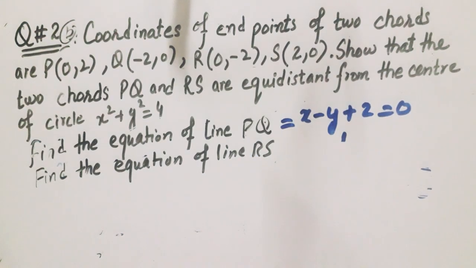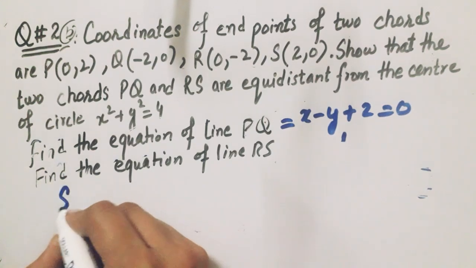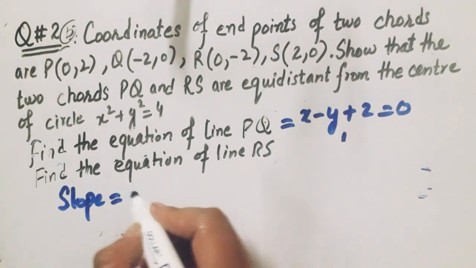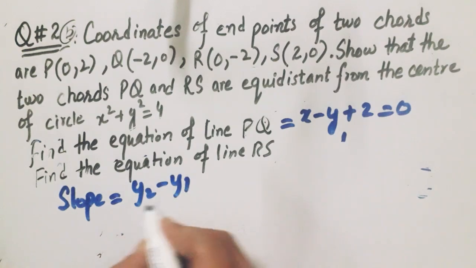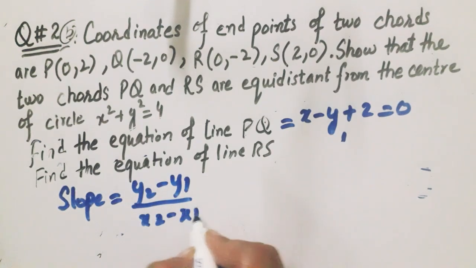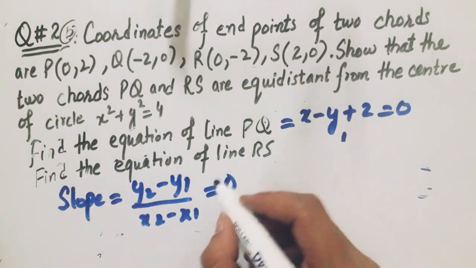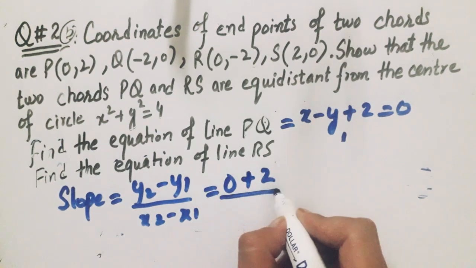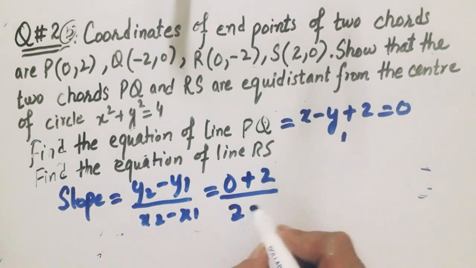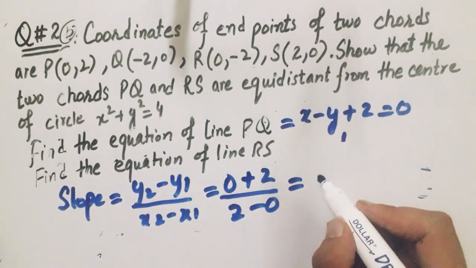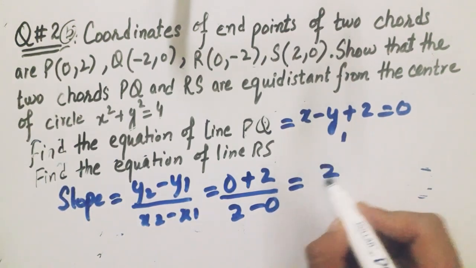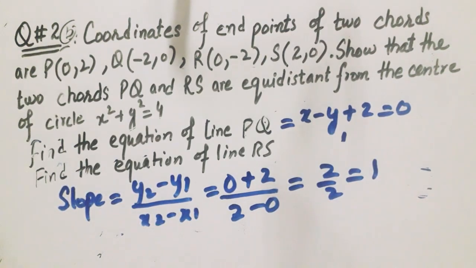Again we will find the slope for R and S. Slope is equal to y2 minus y1 by x2 minus x1. y2 is 0, 0 minus 2, minus 2 will become plus 2, and 2 minus 0. Again slope is equal to 1, 2 by 2, which is equal to 1.